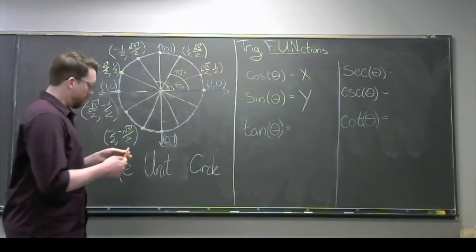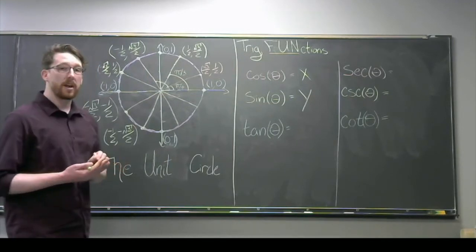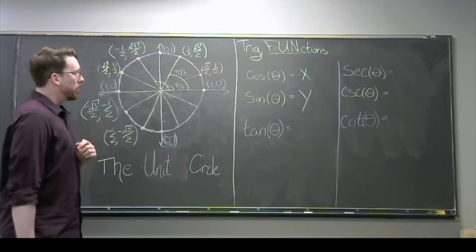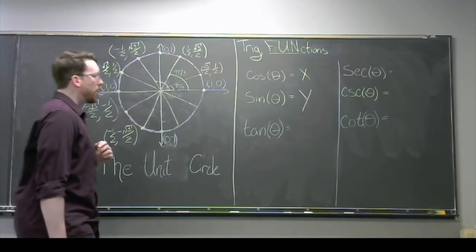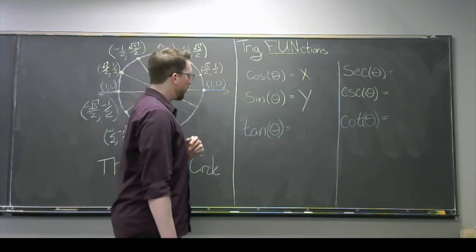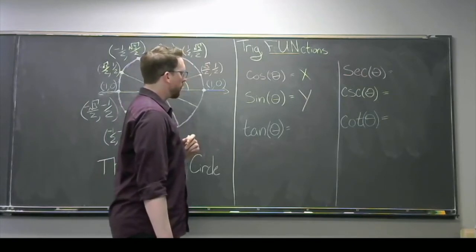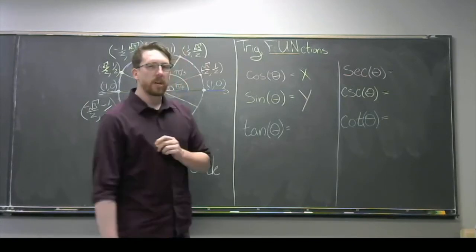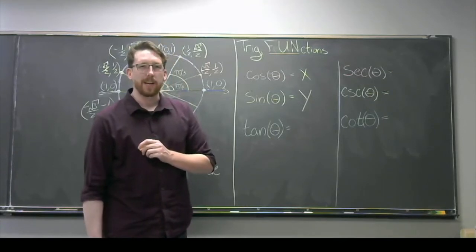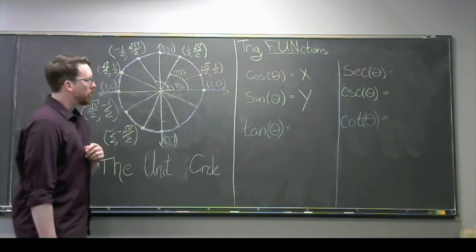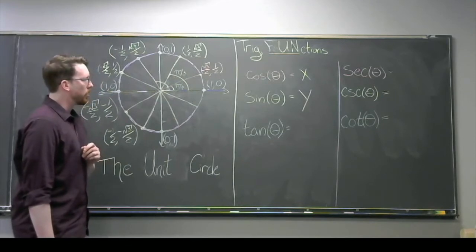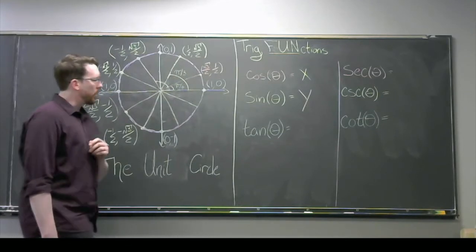Now I'm going to tell you that the tangent of an angle... I don't want to say it that way. I'm thinking about how I want to say what I want to say. Yeah, I do want to say it this way.